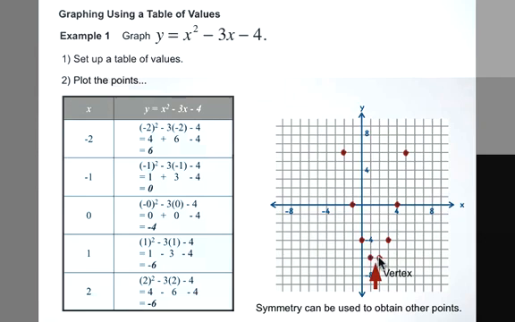So our point after this one would be up twice and over once. We continue the same steps. This is 4 steps up, 1 step over, 4 steps up, 1 step over. And then we connect the points with a curve.